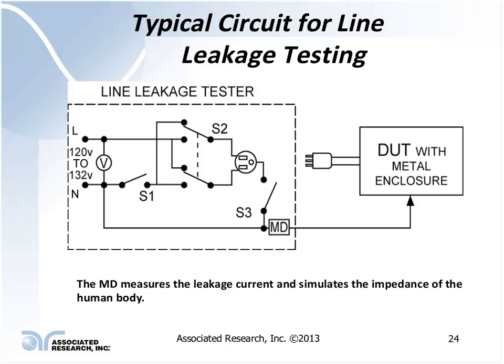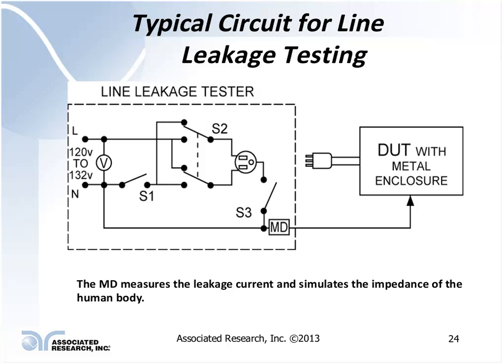So the product is connected into this enclosure and turned on, and you have to conduct a series of tests, basically in all possible combinations of all these switches, while measuring how much current could flow through the ground conductor itself.